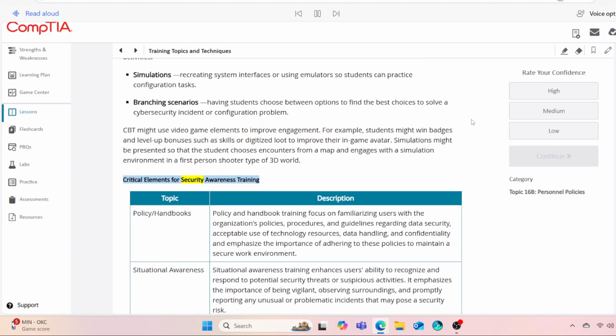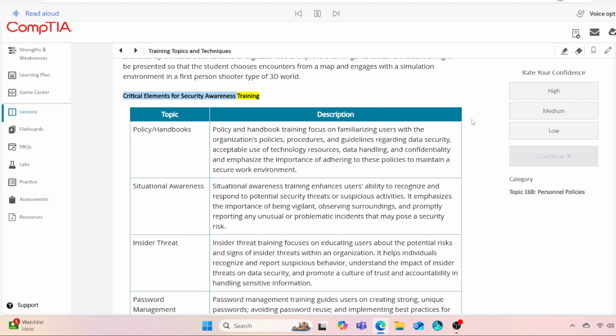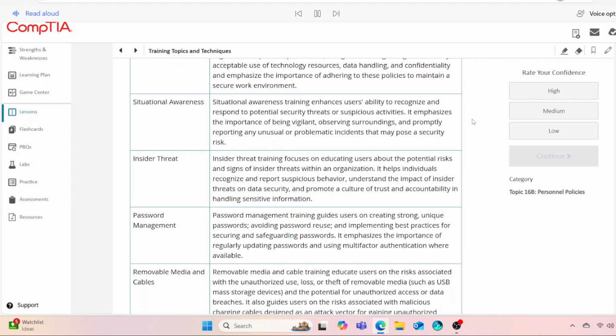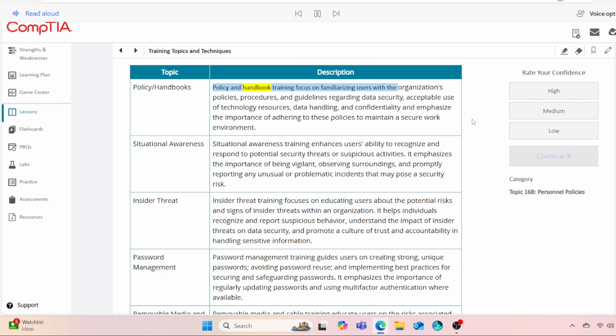Critical elements for security awareness training. Topic. Description. Policy/handbooks. Policy and handbook training focus on familiarizing users with the organization's policies, procedures, and guidelines regarding data security, acceptable use of technology resources, data handling, and confidentiality, and emphasize the importance of adhering to these policies to maintain a secure work environment.